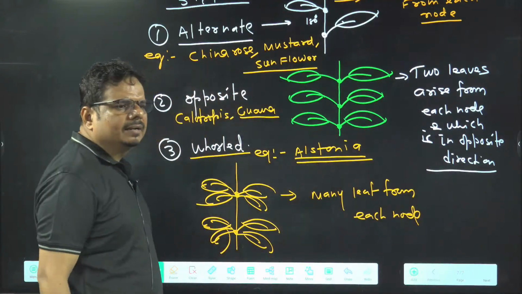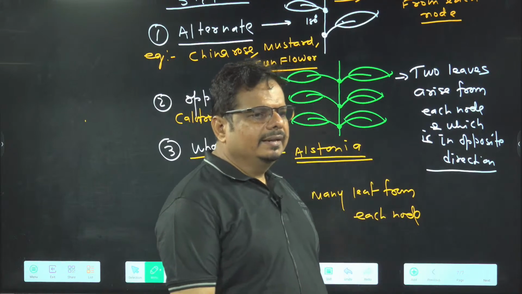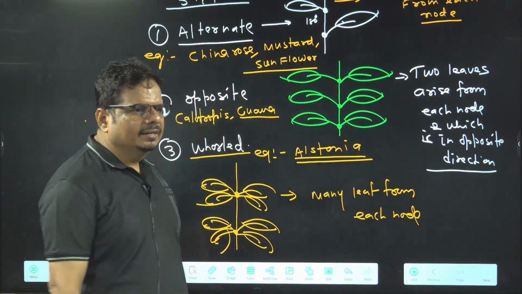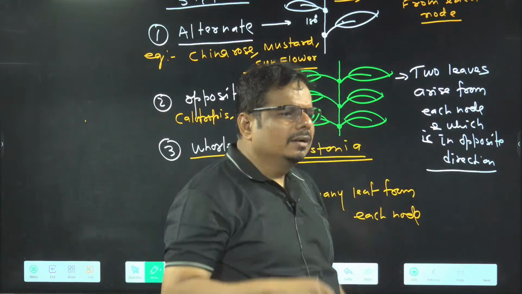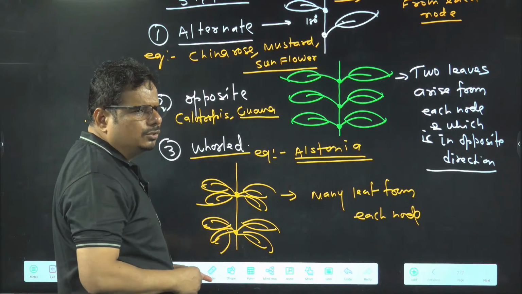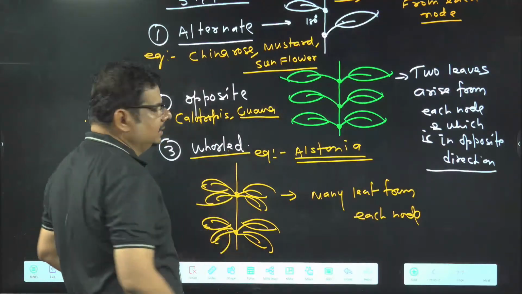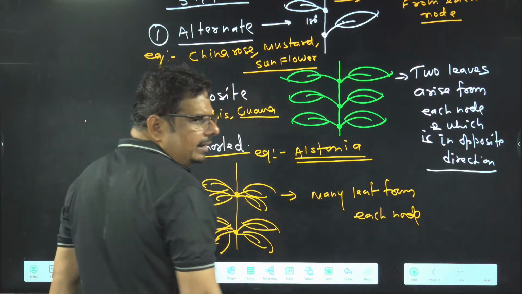It is an ornamental plant. Its flower also gives a very beautiful smell. It is a tree, not a small herb. It is a perennial plant. So in Alstonia, whorled phyllotaxy is there. Got the idea? So many leaves from each node.